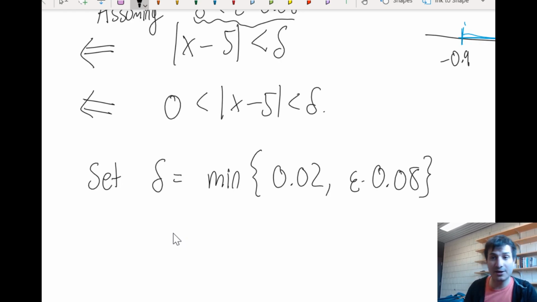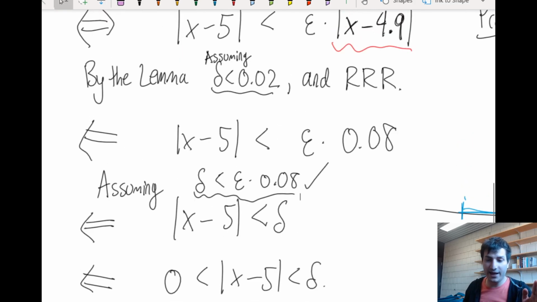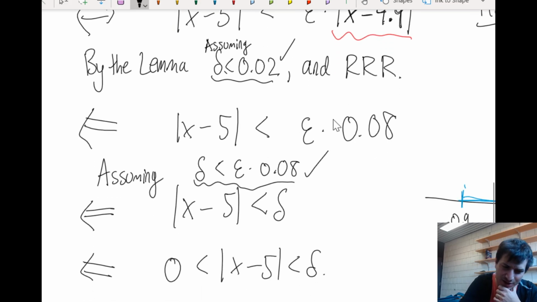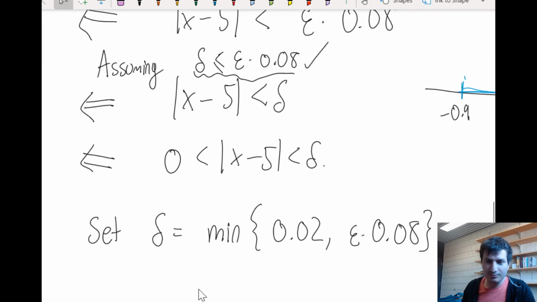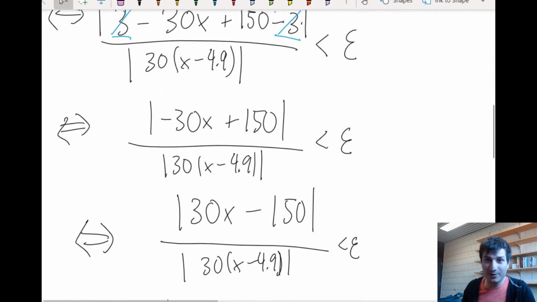And if delta is the minimum, then definitely it is meeting both these assumptions. It is satisfying this one, and it's satisfying this one. Okay, I guess technically these should have equals, but that's fine. Okay. Okie dokie, that was the proof from this lab problem.